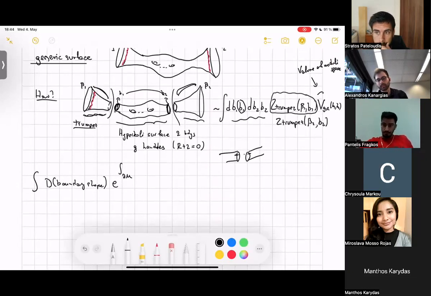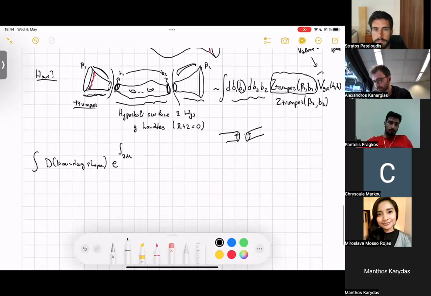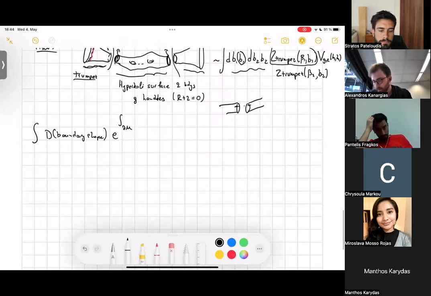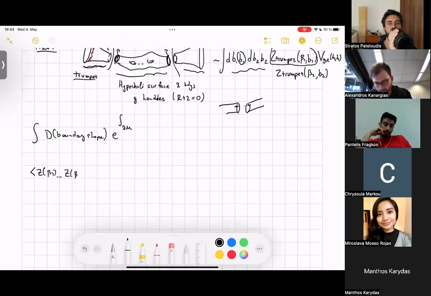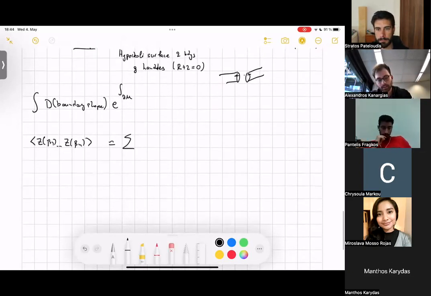All right. So what one can calculate is, so this is just a notation: if I put n boundaries, each boundary is labeled by a constant beta_i, and now I sum over the topologies.